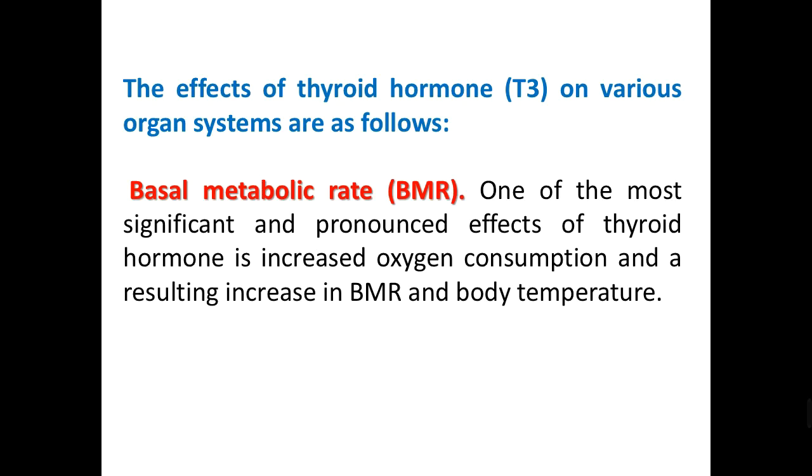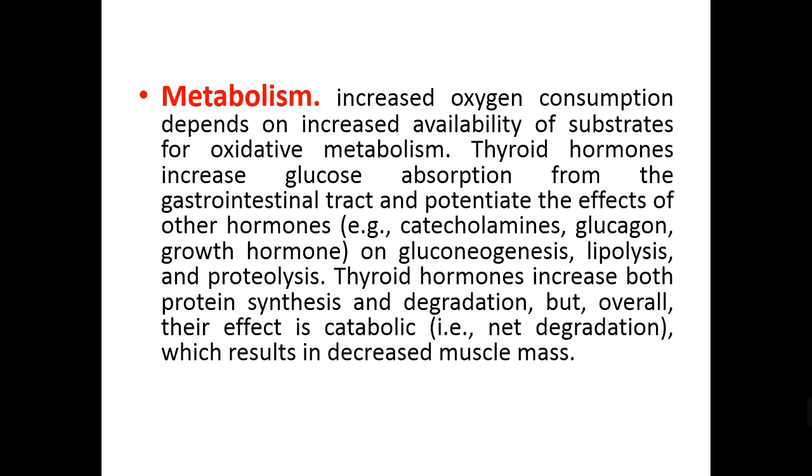What are the major effects of thyroid hormone, I mean T3, on various organs in our body? First and most important is the basal metabolic rate. One of the most significant and pronounced effects of thyroid hormone is increased oxygen consumption and the resulting increase in basal metabolic rate and body temperature. Also, increased oxygen consumption depends on increased availability of substrates of oxidative metabolism.